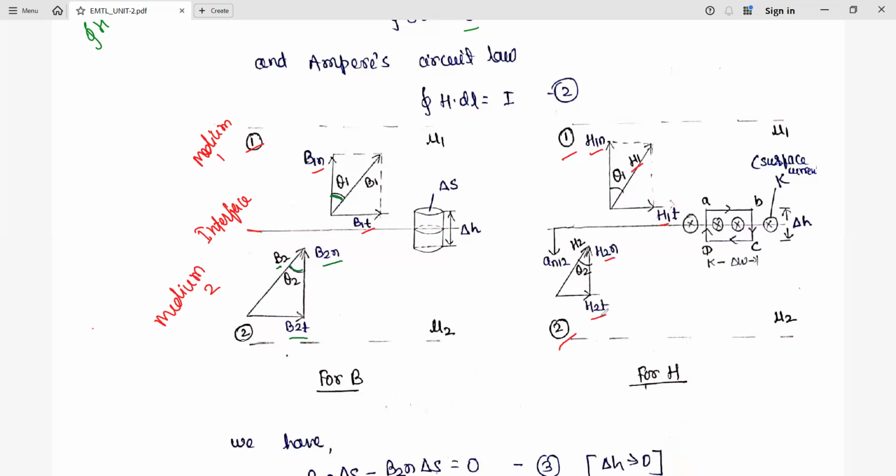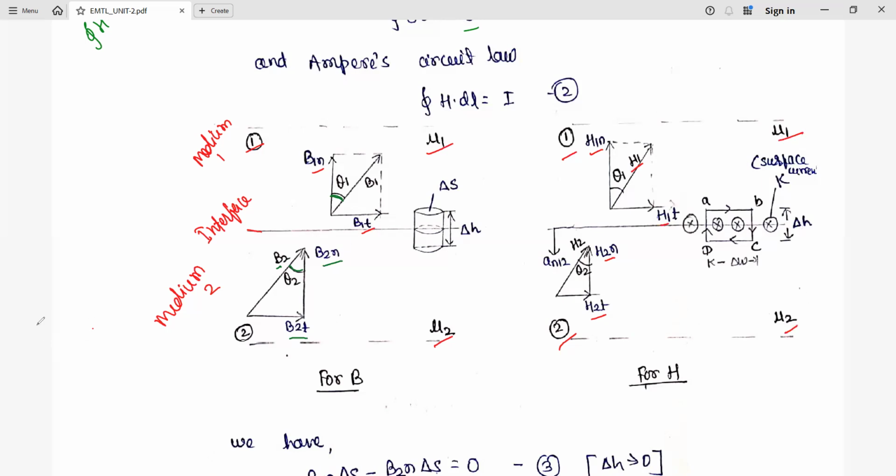For medium 2 we use the suffix 2. How are we going to differentiate medium 1 and medium 2? On the basis of permeability. For medium 1 we consider permeability mu1, and for medium 2 we consider permeability mu2. Similarly here also mu1, mu2.